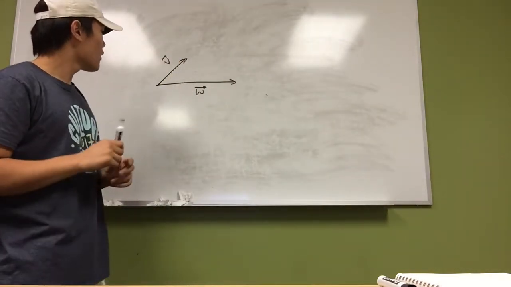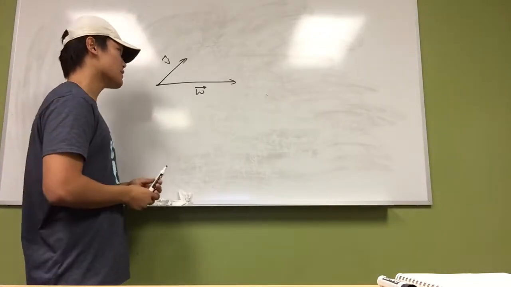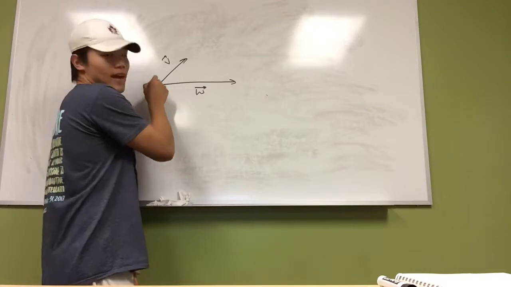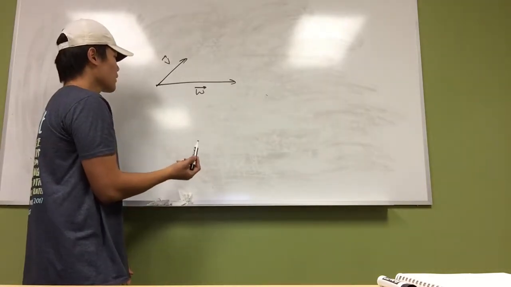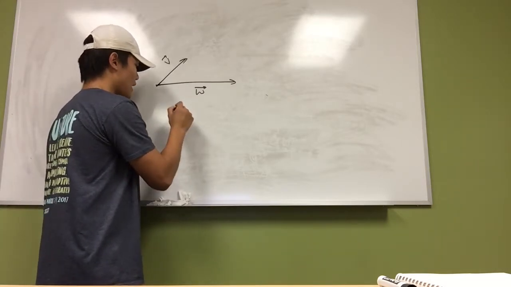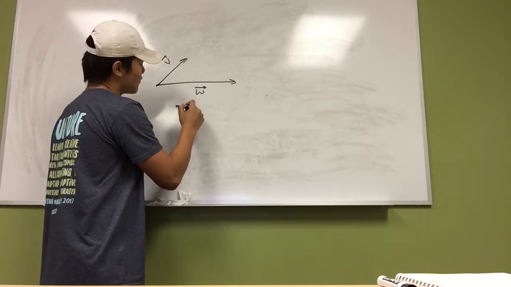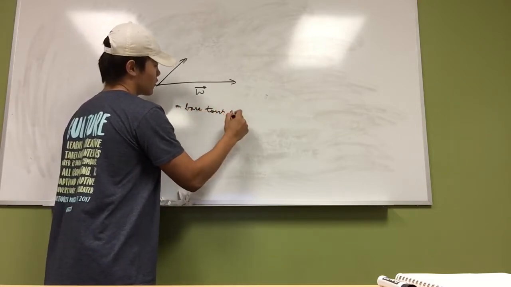One very important thing to keep in mind when you're adding vectors is that their bases have to be touching each other. So in order to add, they have to have their bases touching.